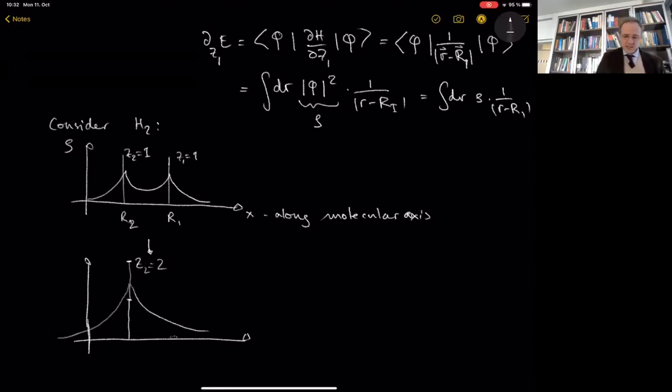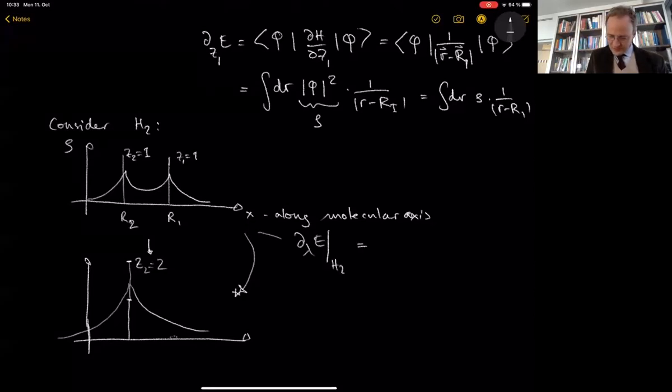Okay. So suppose we want to evaluate the derivative of changing the energy of the H2 molecule into the helium atom. So we want to evaluate the lambda derivative of the energy at the system being H2, okay? And so then we have 2 terms like this.